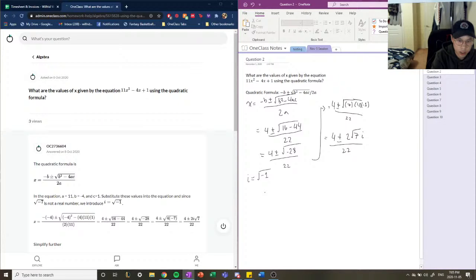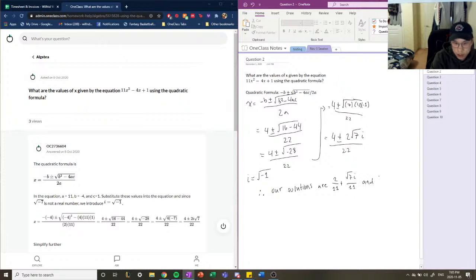So now our solutions are going to be complex numbers. Okay, so therefore our solutions are, now I'm going to write out the positive solution and the negative solution. Our positive solution is going to be 2 over 11 plus root 7 times i divided by 11.